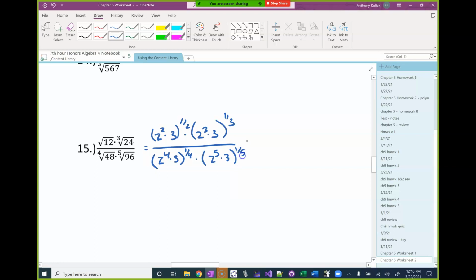You cool so far? So what I did was prime factorizations and turned the radicals into exponentials. So now I'll do my exponent of a product.